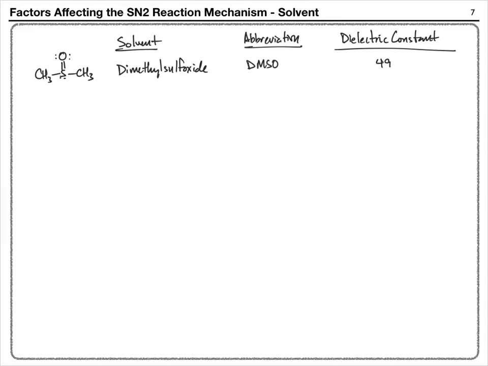So for SN2, all of these solvents are polar aprotic, and they have relatively large dielectric constants. Dimethyl sulfoxide, dimethylformamide, that's DMF, dielectric constant of 37.